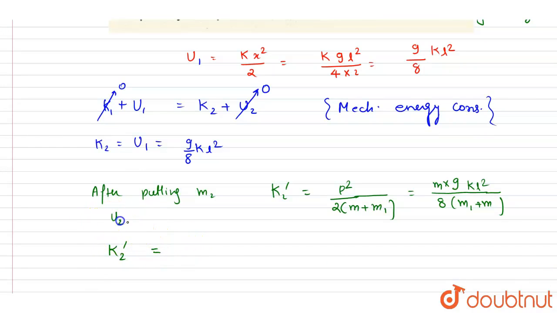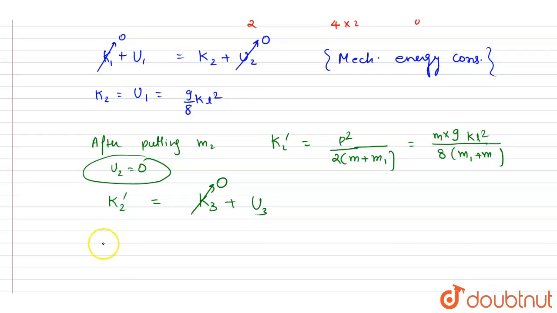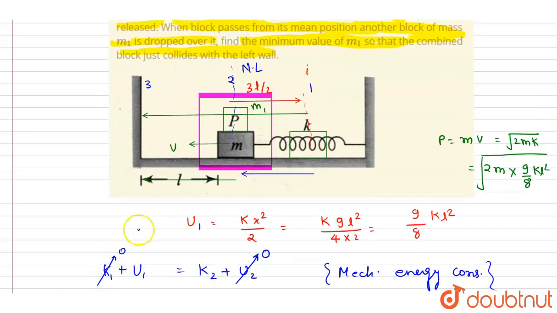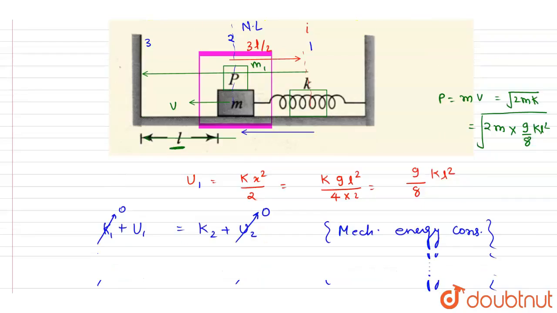Position 2 is the equilibrium, the mean position, so the potential energy there is obviously 0. At position 3 it just reaches, so the kinetic energy is 0, and the potential energy is given by the extension L. K2 we already calculated as 9/8 KL squared times m upon m plus m1, equal to the potential energy at the third position, where the extension is L.